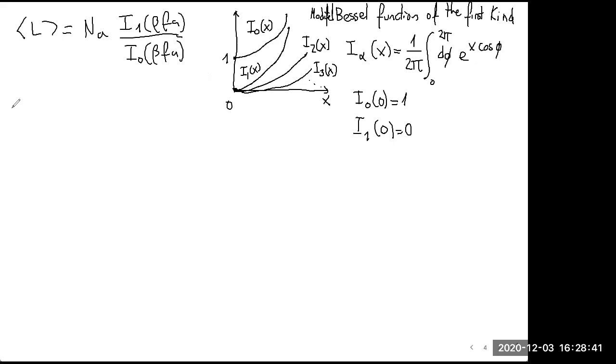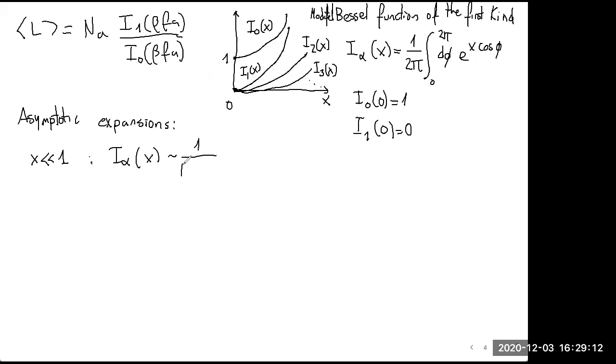It's also useful to know asymptotic expansions, or limits, of these functions. So when x is much smaller than 1, we get, by the way, this function can be defined also with complex argument, but here I'm just showing when x is real. So it's one piece of the cake only.